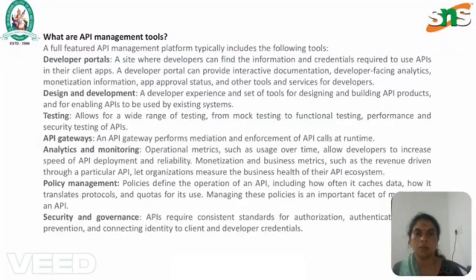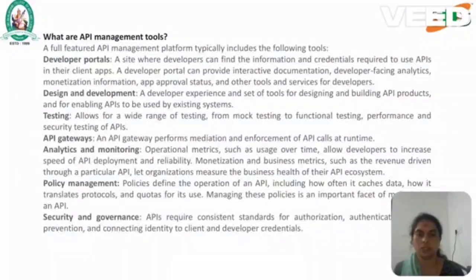It can provide interactive documentation, developer-facing analytics, monetization information, app approval status, and other tools and services for developers. Design and development is a developer experience and a set of tools for designing and building API products and for enabling APIs to be used by existing systems.